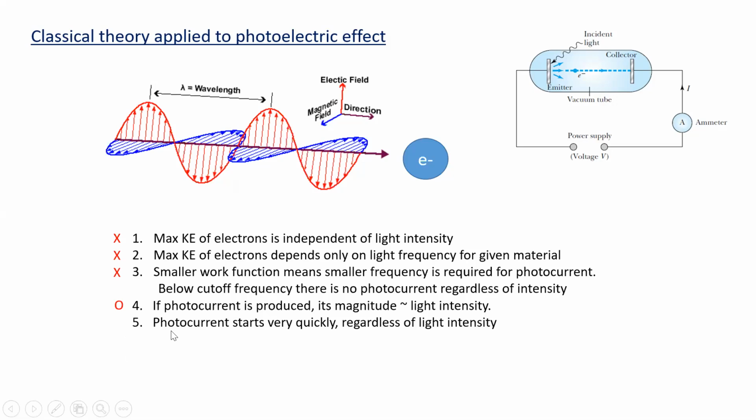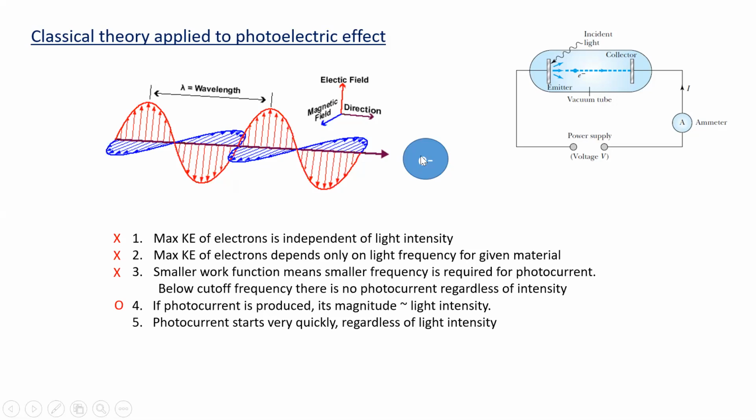And last, the photocurrent starts very quickly regardless of light intensity. Well, that one doesn't do so well, because for very low light intensity, that means a very, very low magnitude electric field and magnetic field. So that would mean a very, very slow transfer of energy to the electron.